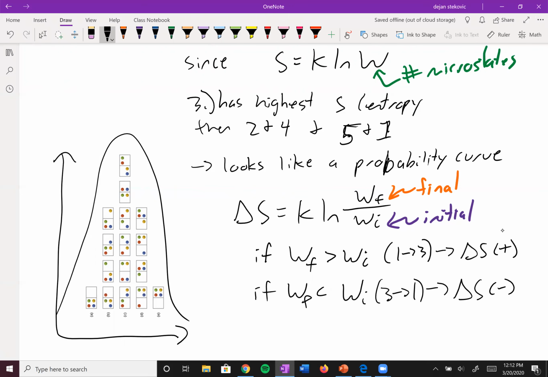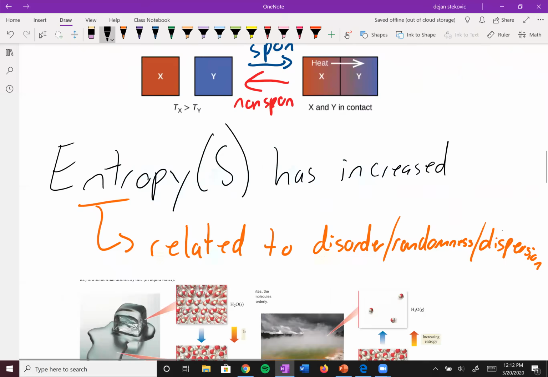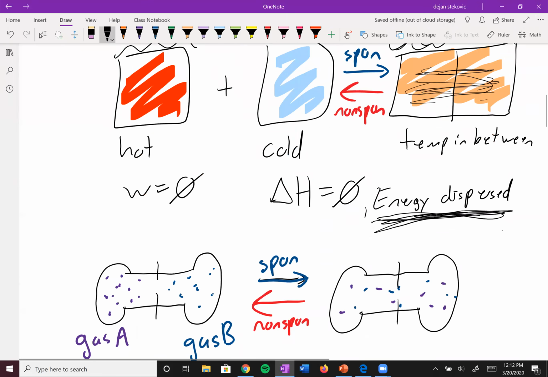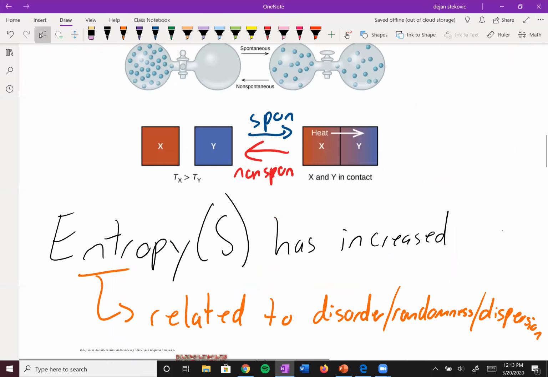You're going to a less likely scenario. And as we saw from our previous examples of this heat and this gas dispersing, generally you want to have a positive amount of entropy. Systems want to tend towards more disorder, not less disorder.